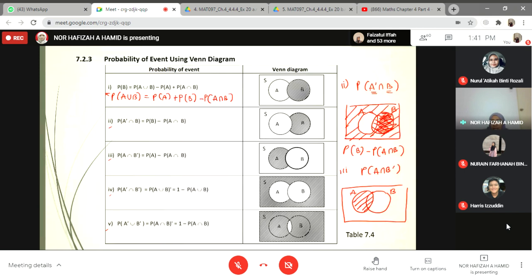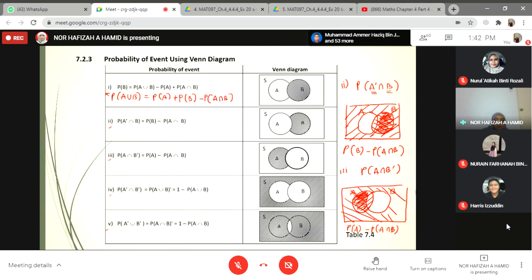B complement elements lain daripada B. Sama juga, you akan tengok yang overlap is this region. So this region means probability of A minus probability of A intersect B. Ni for number 3.